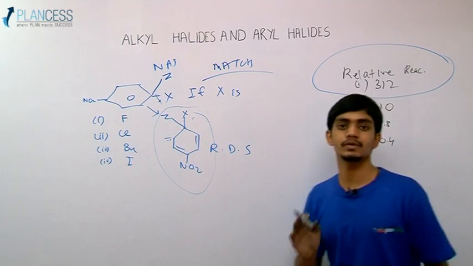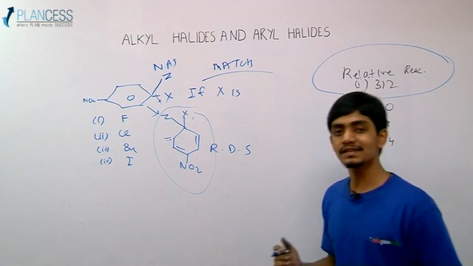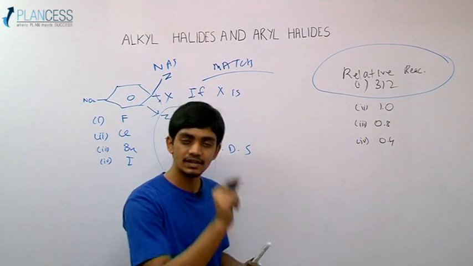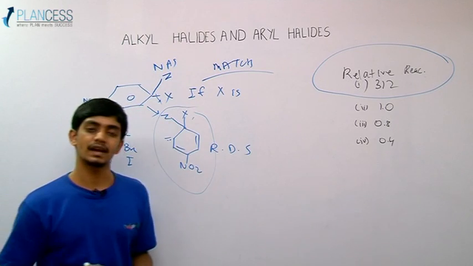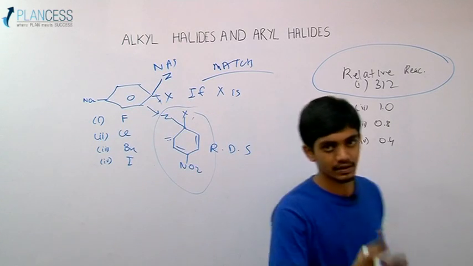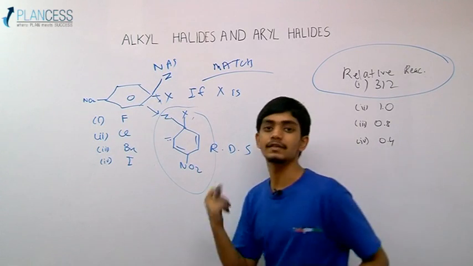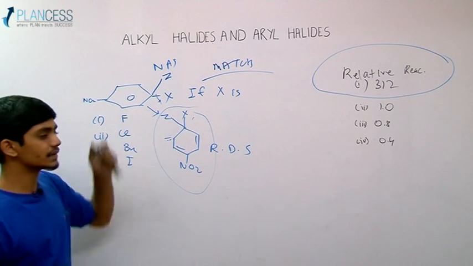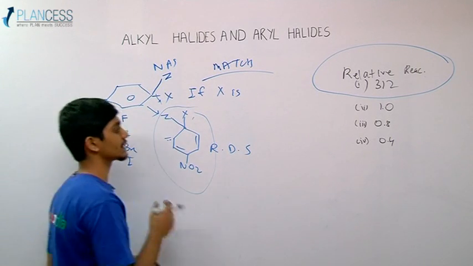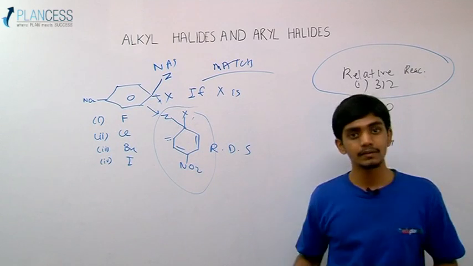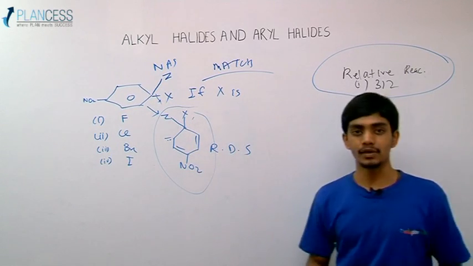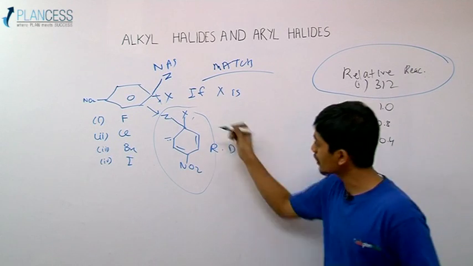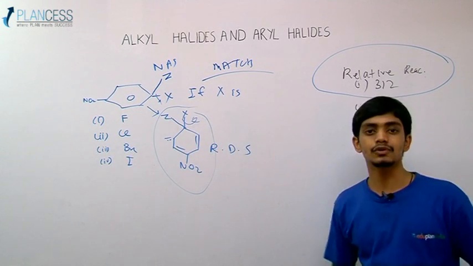Yes, agreed, X must be a good leaving group, but it is in the SN2 case where the slowest step is the leaving of the halide, or in the SN1 case where the formation of carbocation or leaving of the halide is the slowest step. Yes, so the good leaving group criterion is a very important thing, but not over here, because here the first step is the formation of the carbanion and not the leaving of the X group.